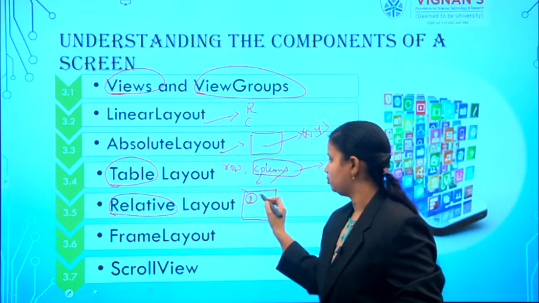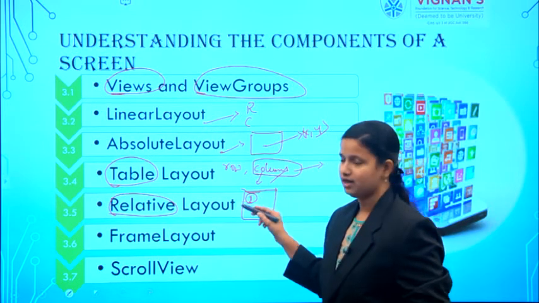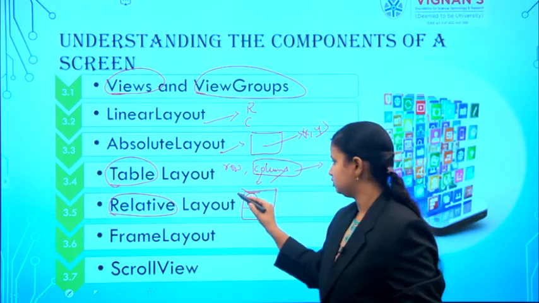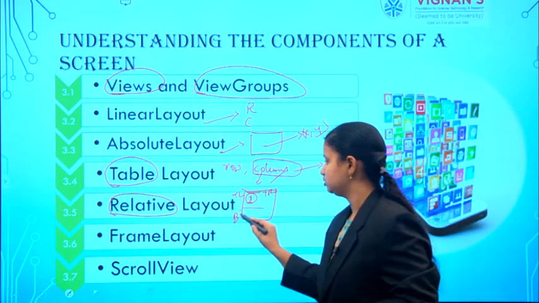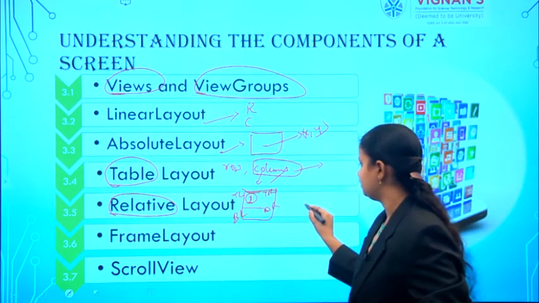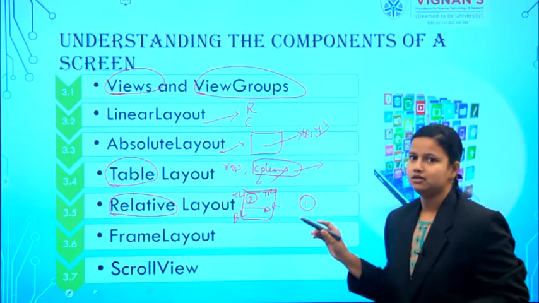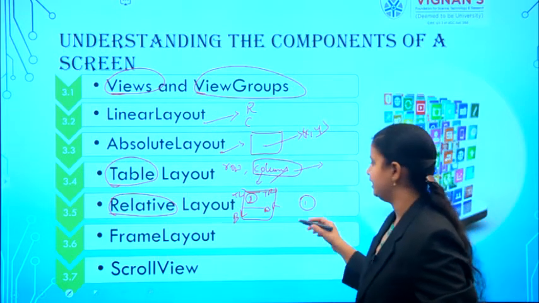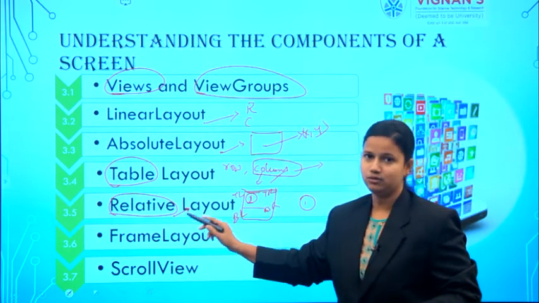It will be top or bottom. In that also, top and bottom have different relative positions: top left or top right, and bottom left or bottom right. So whenever we want to add a particular view group element, that element is relative to the previous one. That arrangement is called relative layout.